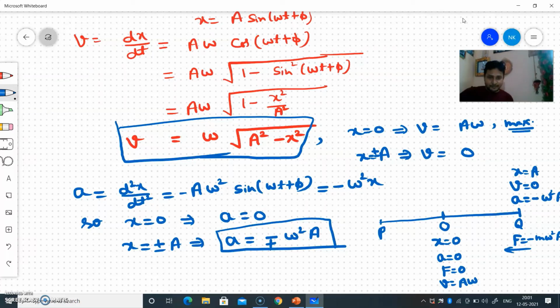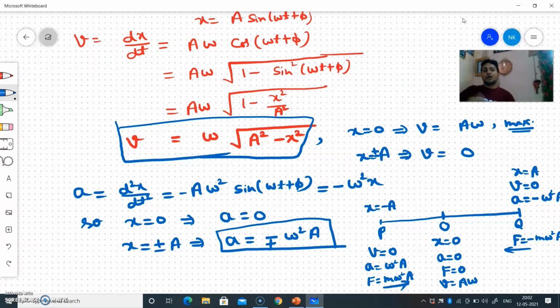Here the value of x is minus A, velocity v is 0 again, and the value of a is omega square A, and the value of force is m omega square A. So you will see that the force's direction is that way.